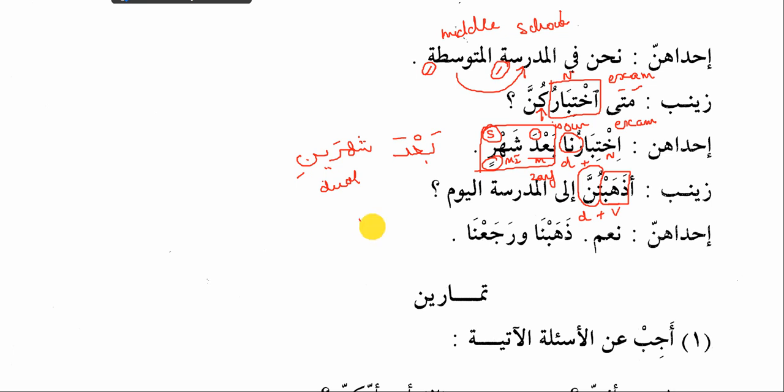When the damir is attached with a verb, what is the position of the damir? It is in the fa'il position. Fa'il means doer position, and this position is always marfu.